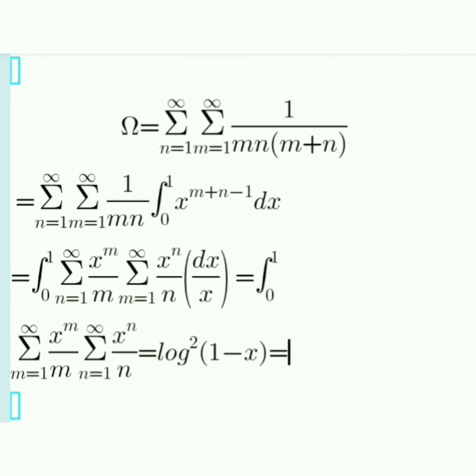Friends, for log square 1 minus x, a very simple fact is that I can use the Cauchy product.